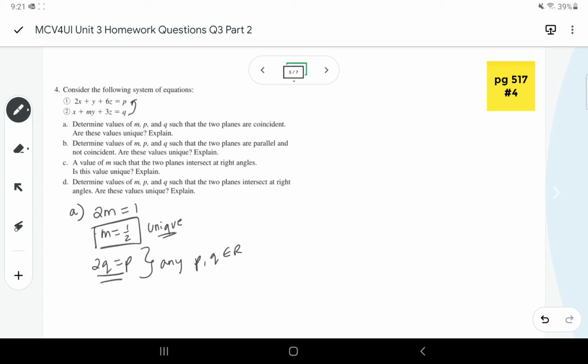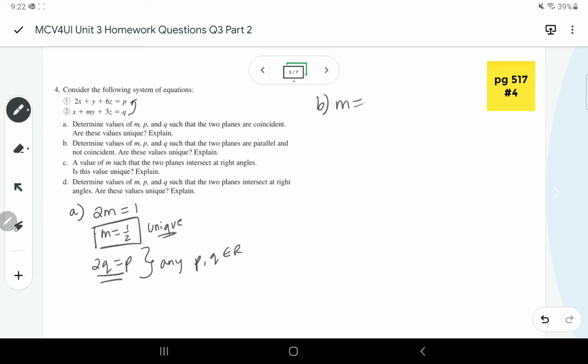Determine values of, for part B, m, p, and q such that the two planes are parallel and not coincident. So that would be kind of the same idea. Like the normals would have to be scalar multiples. So we would still have this m being 1/2 because we've got that relationship, but p and q would just not be following that rule.